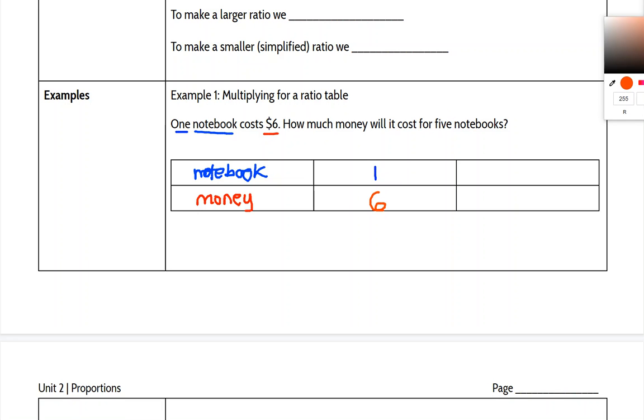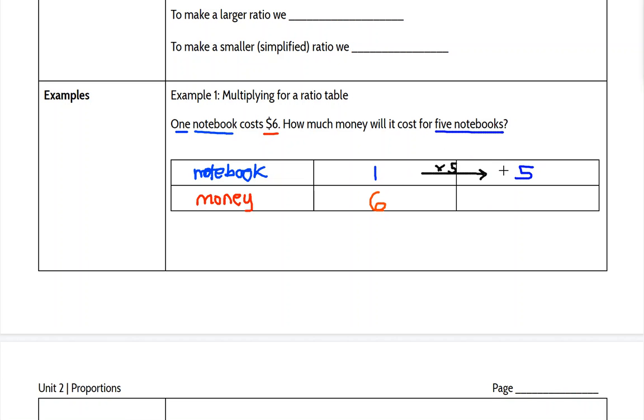So this 5, it's 5 notebooks. Now, before we learned that to make a ratio table, we had to multiply by the same number on the top and bottom. So to get from 1 to 5, first of all, did we scale up or down? Are we getting bigger or smaller? We're getting bigger, so if we're scaling up, we know we need to multiply. What do we multiply 1 by to get to 5? 1 times 5 gives us 5.